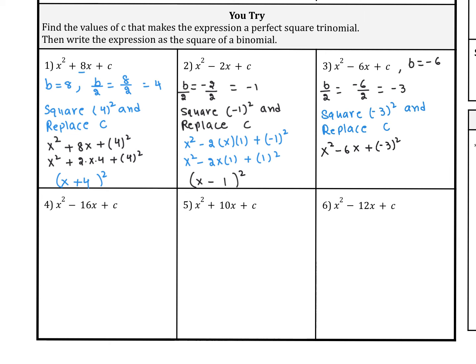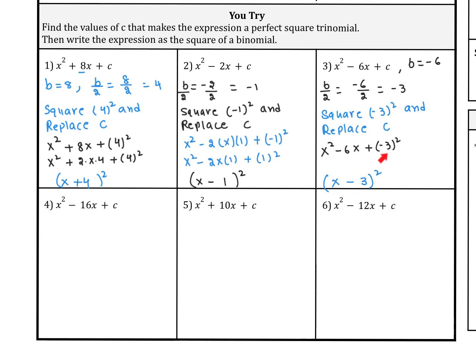If you want to write it in perfect square form, I take the x from the first term and 3 from the last term. The sign of the middle term is negative, so you write negative 3 here.